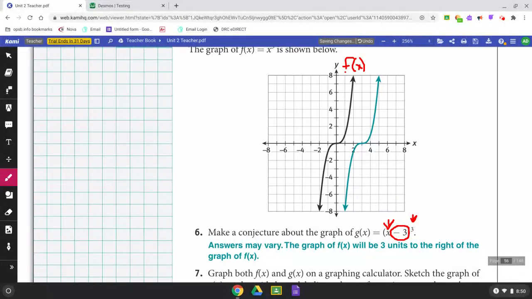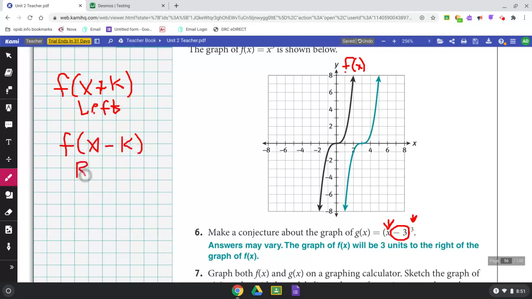So if f of x plus k is left, then you should be able to assume now that f of x minus k is right.